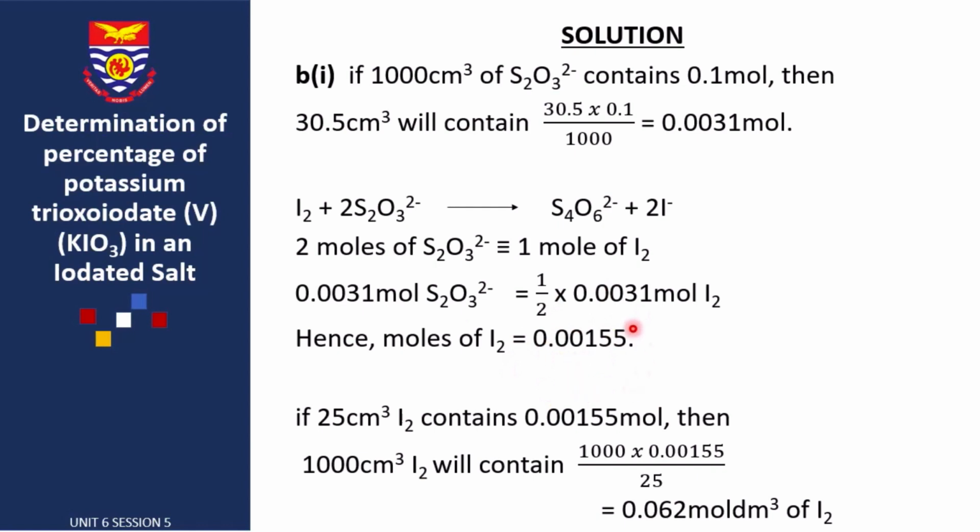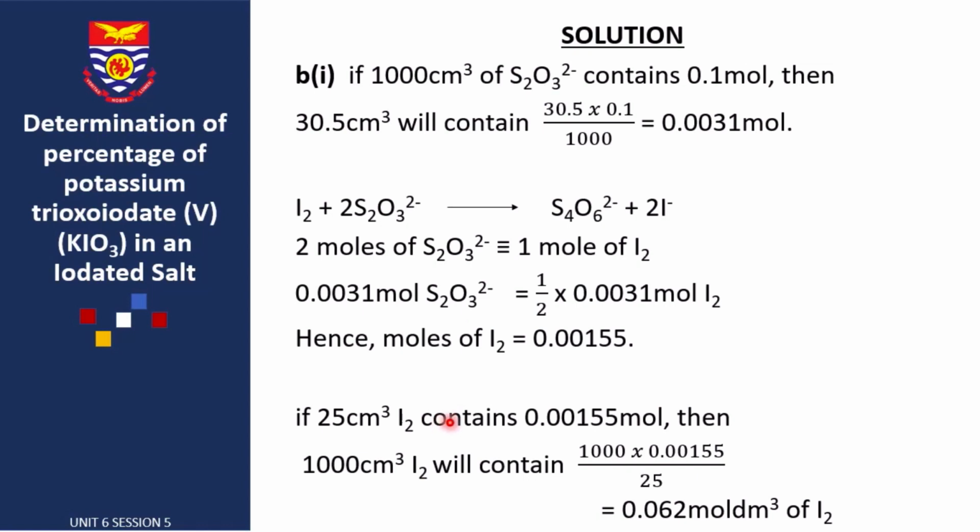Now, this number of moles is contained in the small volume that was used, and so we have to now move it up to 1000 cubic centimeters, or 1 dm cubed. We interpret this as, in other words, this moles that we have here is 0.00155 moles per 25 cubic centimeters.